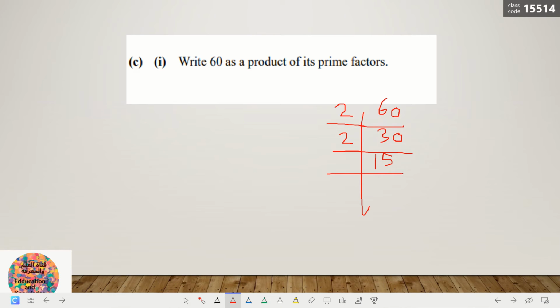Then you can't divide by 2 because 15 is odd, so you have to divide by 3, which is equal to 5. The last thing, you know that 5 is a prime number, so I divide by 5 to give 1. So here, 60 as the product of prime numbers is equal to 2 times 2 times 3 times 5. This is the answer.